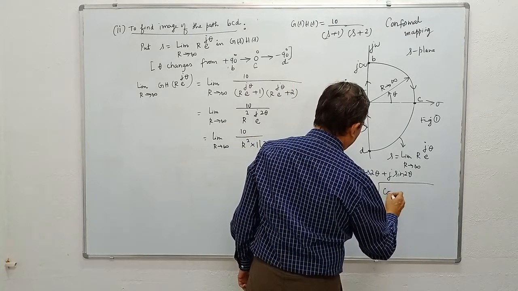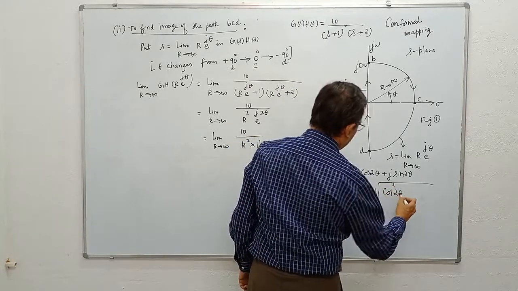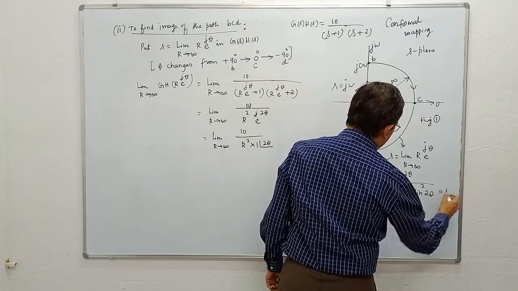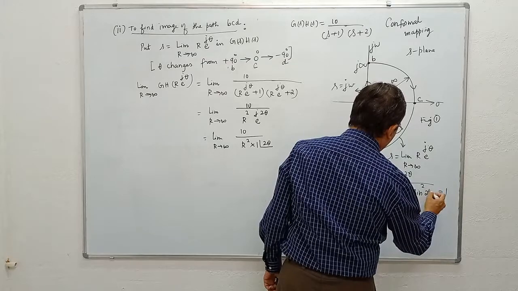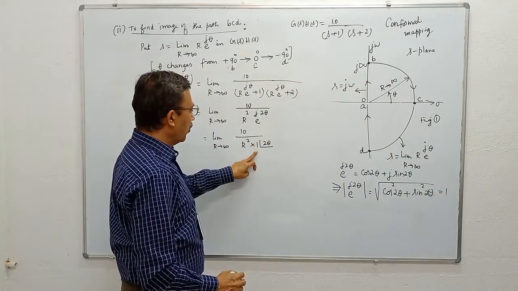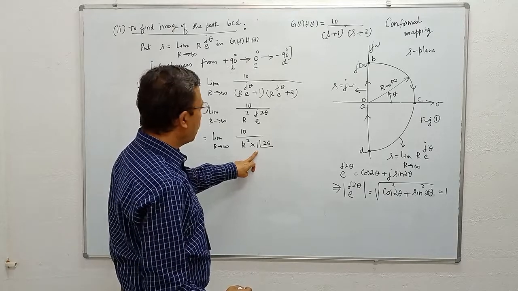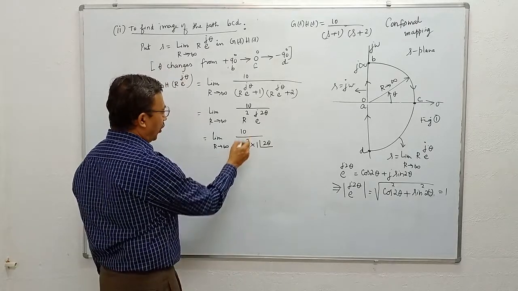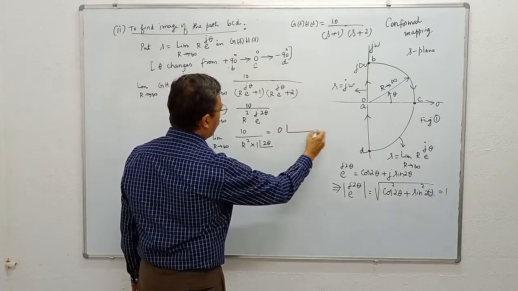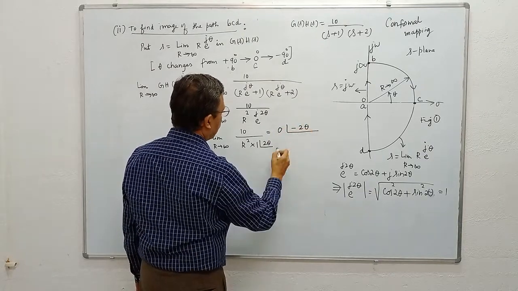Square root of cos square 2 theta plus sin square 2 theta, which is 1. Therefore, e to the power j 2 theta has magnitude equal to 1, angle equal to 2 theta. 10 divided by infinity square is 0. The 2 theta, if it goes to the numerator, becomes minus 2 theta.